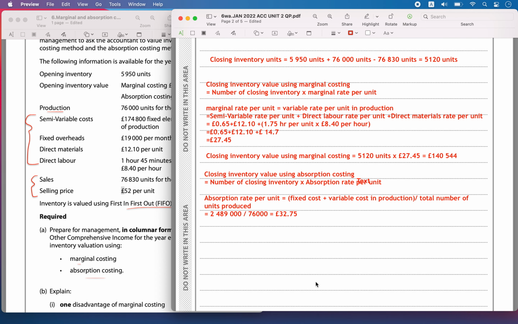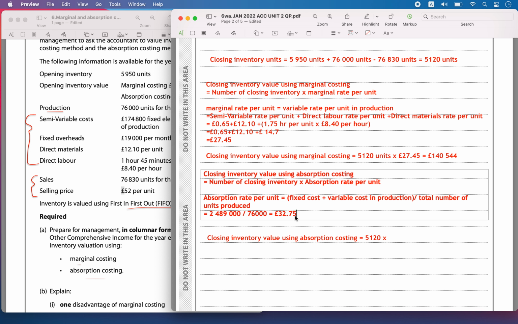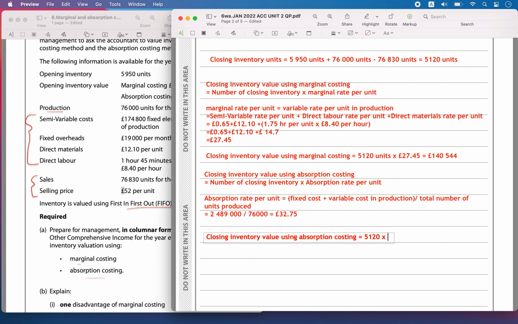Now we have to calculate the closing inventory value using absorption costing. That is going to be 5120 units into 32.75 pounds, the absorption rate per unit.